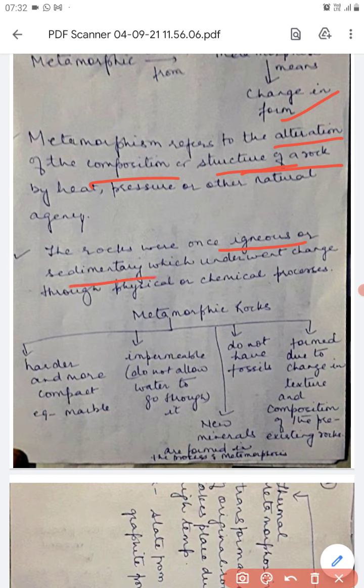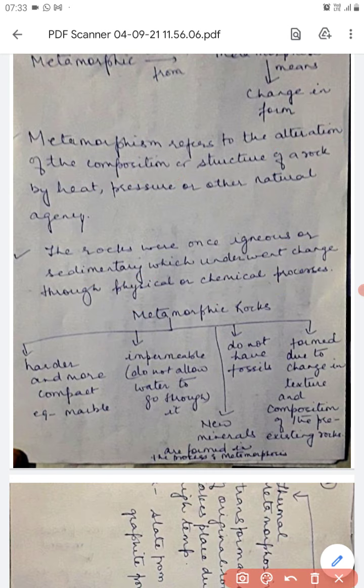So the rocks that were once igneous or sedimentary underwent change through physical and chemical processes. When the igneous or sedimentary rocks undergo changes in composition and structure as a result of changes in heat and pressure, they form metamorphic rocks. The changes may be physical or chemical.